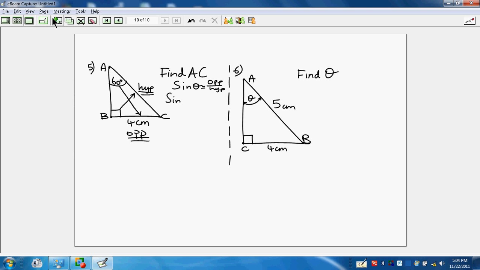We could write that sine 60 degrees will be equal to opposite, which is BC, 4 centimeters, over hypotenuse, which is AC. That is what we want to find.